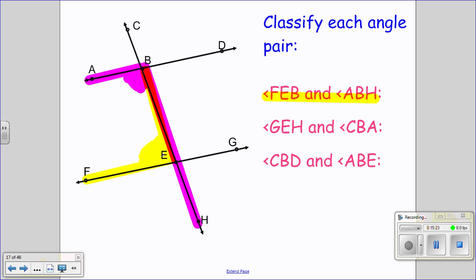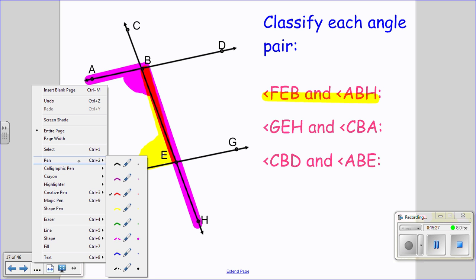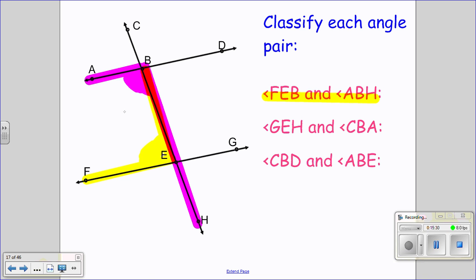This is the vertex B. So both of those are in the interior region. They're on the same side and in the interior region, so that means they're consecutive.